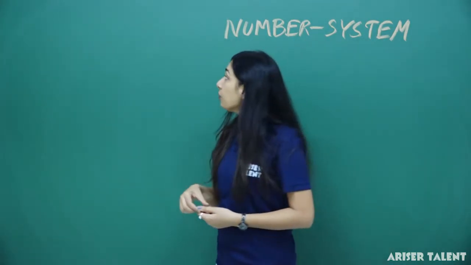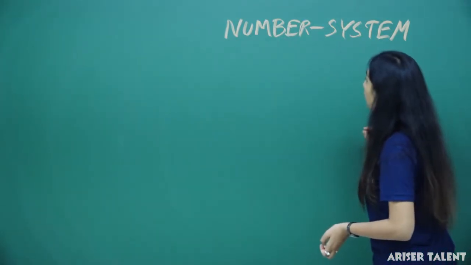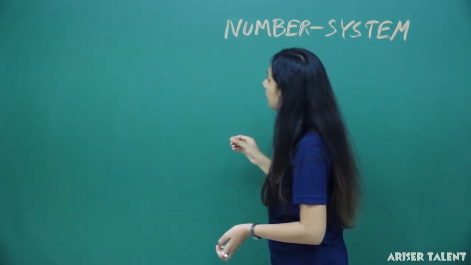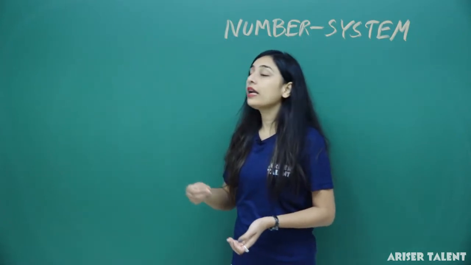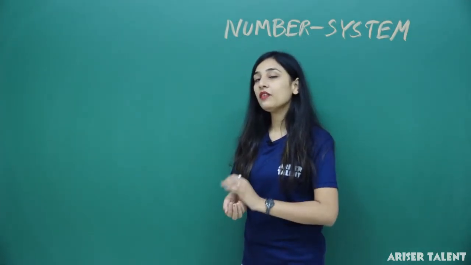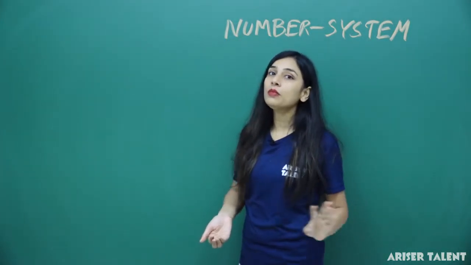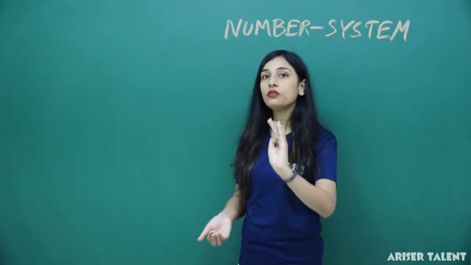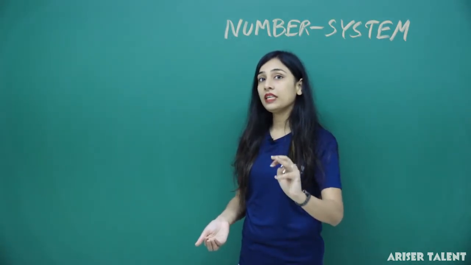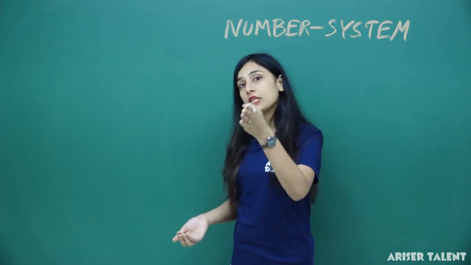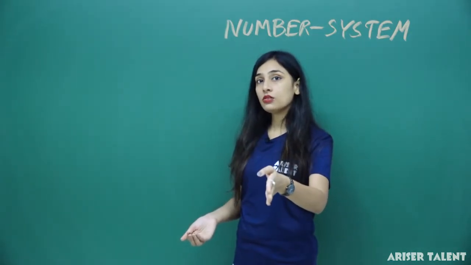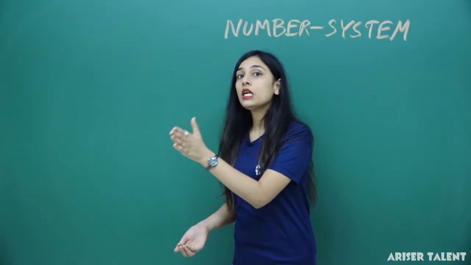Now we have to find out what operations we have in irrational numbers. We have done operations in rational numbers like addition, subtraction, division and multiplication. Now we have to do the same process in the case of irrational numbers.